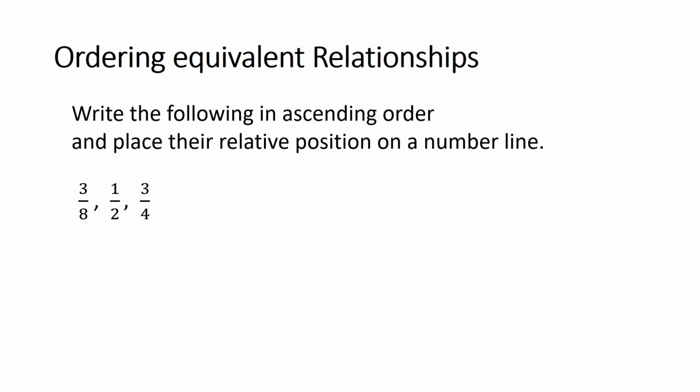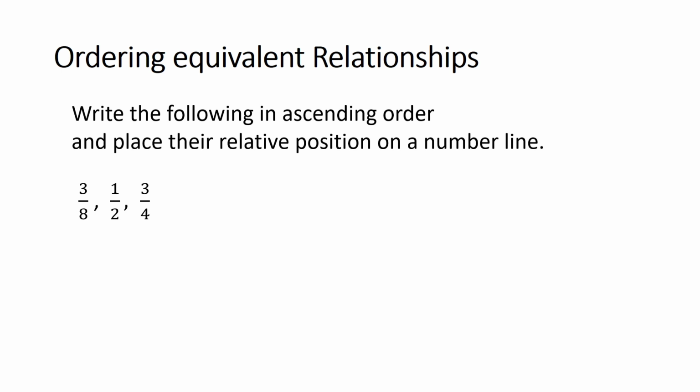If we were to order these fractions in ascending order, students should be given the opportunity to create the most appropriate equivalent fractions in order to write these 3 fractions in ascending order. Starting from the largest denominator, an equivalent relationship can be created with a denominator of 8.